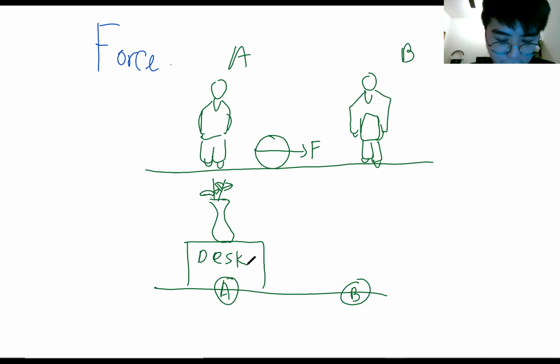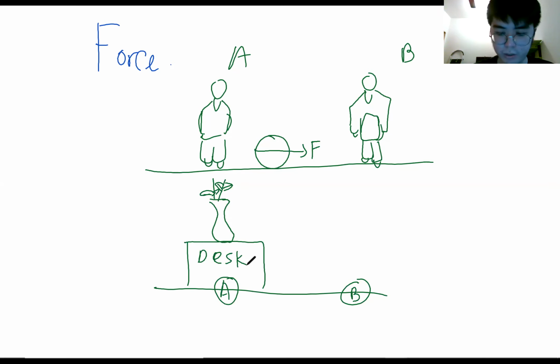Similarly, if you pick up a pen from a table, you are also applying a force on the pen. In other words, I can also say that you are pulling the pen upwards. Notice that the word I use is always either push or pull, right?